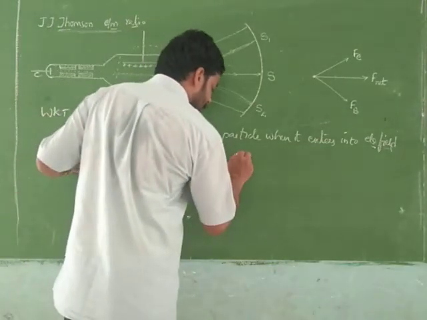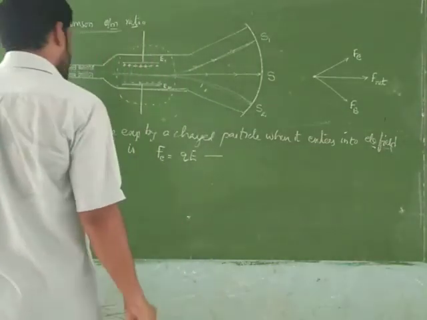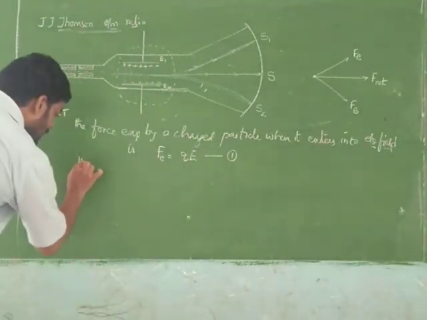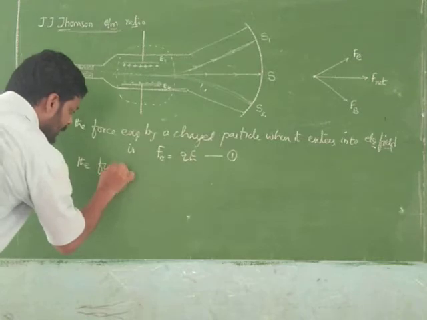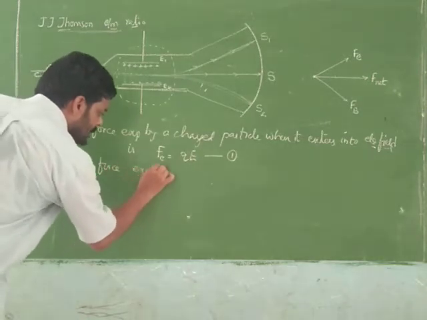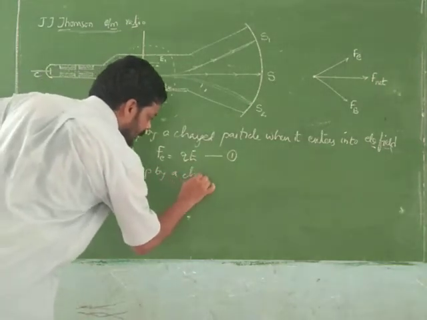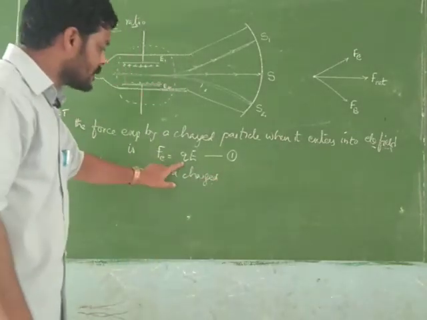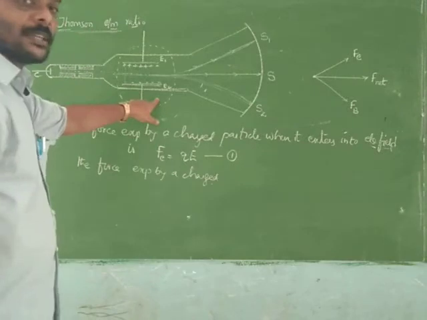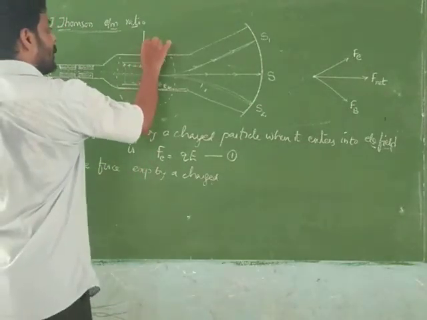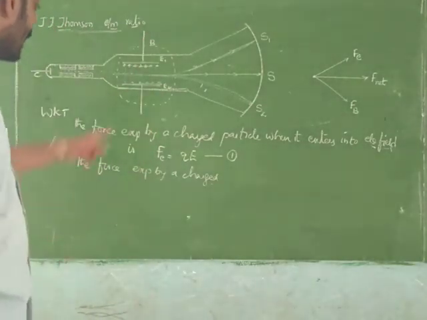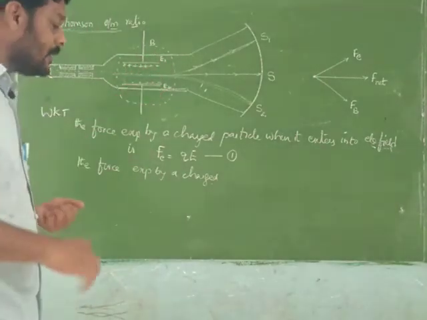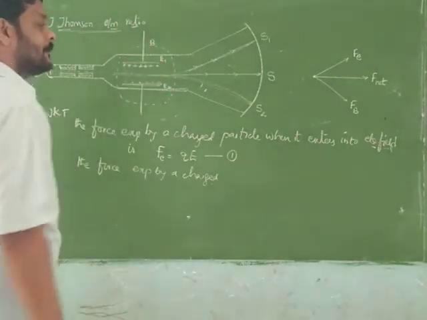So you better write the running notes. The force experienced by a charged particle, if only the electric field is applied, is QE. If only the magnetic field is applied, let the magnetic field intensity be B, and this dotted circle indicates that we are applying the field perpendicular to the board.